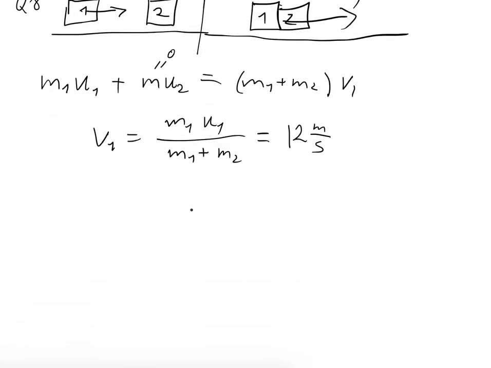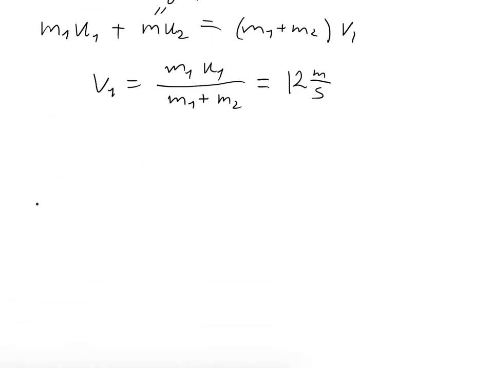Then I can continue on and calculate the second part of the question, which is the loss in kinetic energy. The loss in kinetic energy will be associated with sound generated during the collision, and also some heating of the atoms and molecules that are forming the molecular and crystalline structures of the two solids. So the loss is the same as the initial kinetic energy minus the final kinetic energy. Initially only one object was moving.